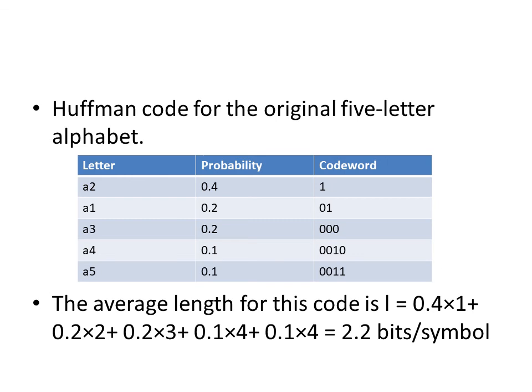Now you can see that the highest probability is 0.4, that belongs to A2. You can see that the code word is only 1, a single bit, whereas compare it with A5. A5 has the least probability and so it has the lengthiest code word.